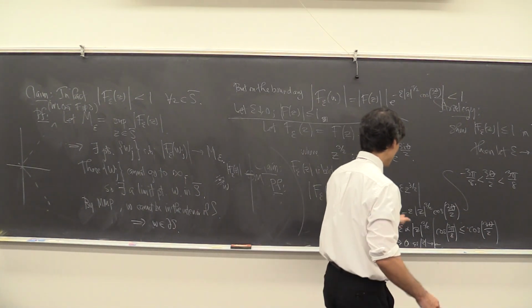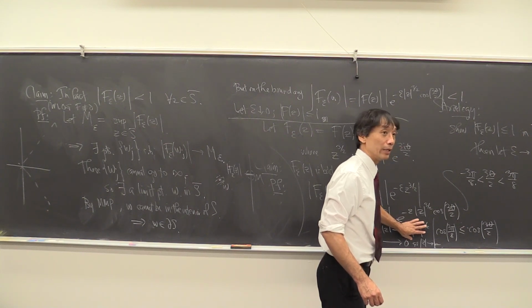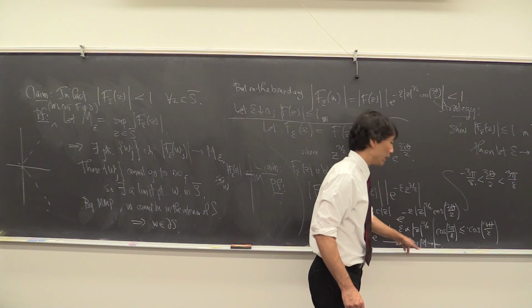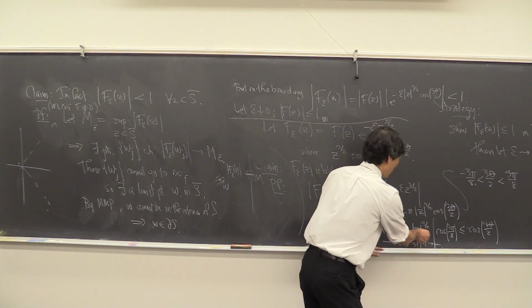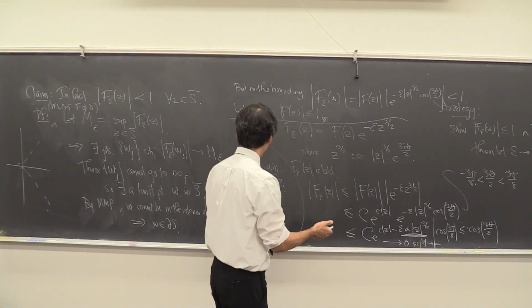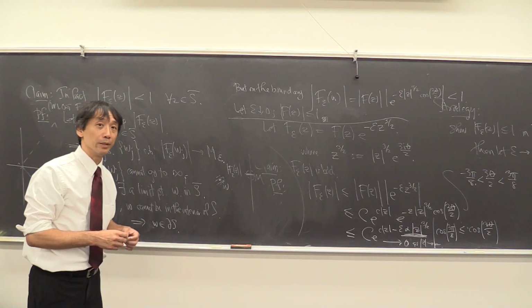We don't want alpha to be 0. If alpha is 0, then we lose the decay at infinity. That would be bad, because what we want is for this function to go to 0 as this goes to infinity. So if we lose this term, then we can't. The whole second half won't work.